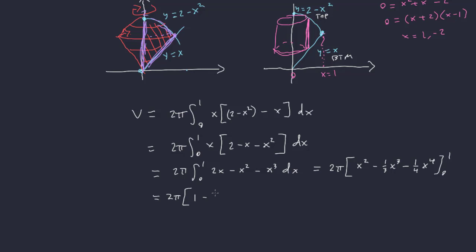It'll be 1 minus 1/3 minus 1/4. All right, so I'm going to put these all over 12. So it'll be 12 twelfths minus 4 twelfths minus 3 twelfths. Okay, so that should be 2 pi times 5 twelfths, I think.